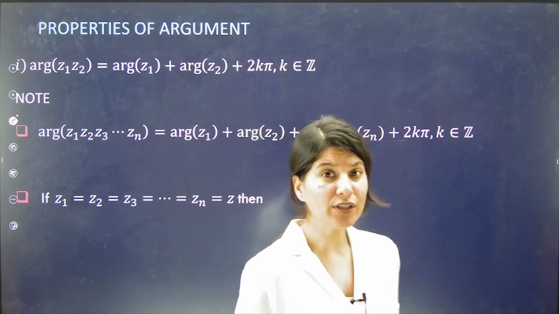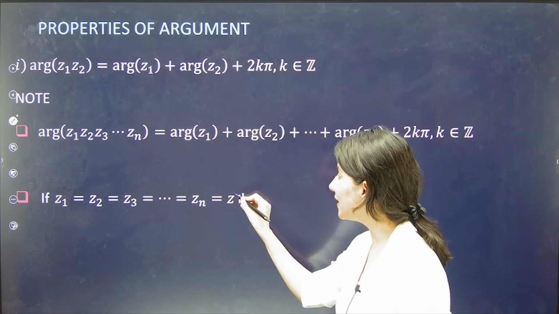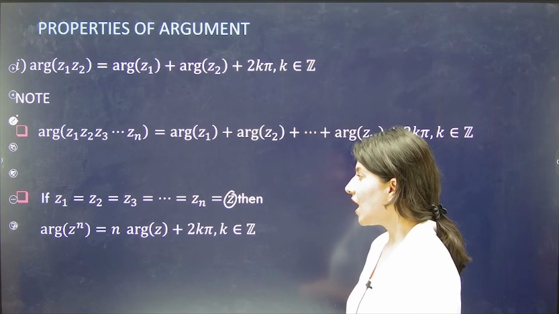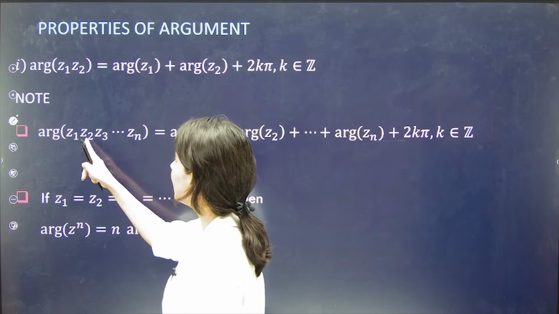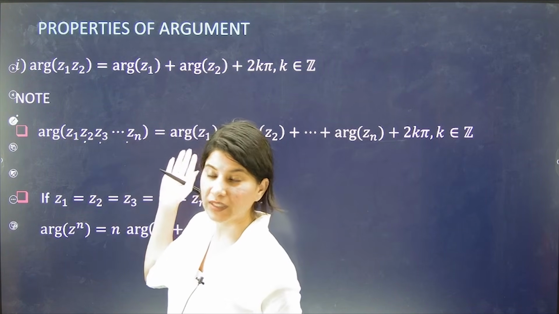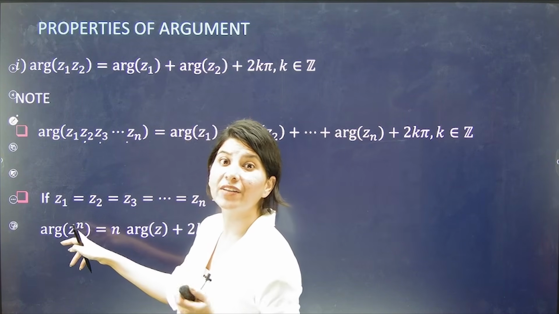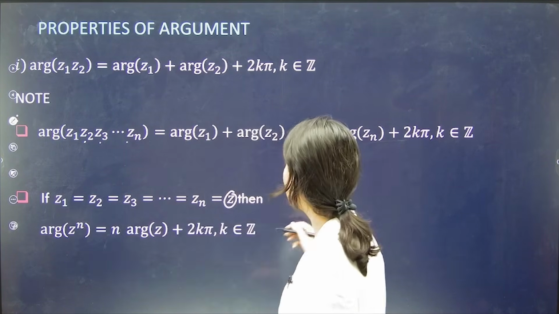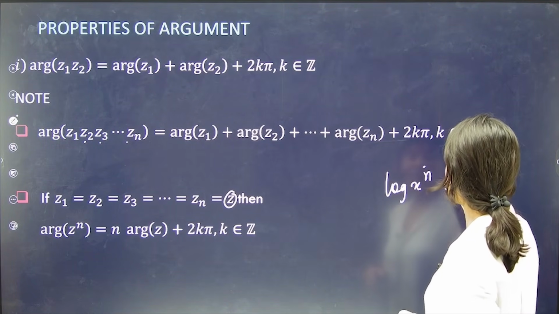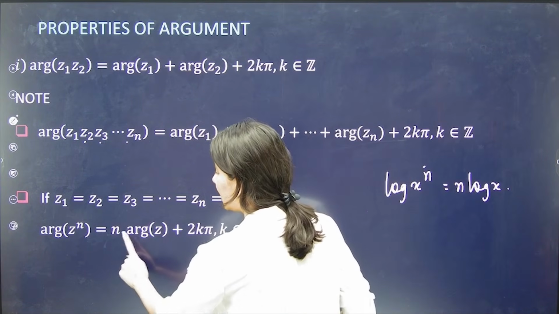Now, if all the complex numbers are equal to Z, everything becomes Z only, Z power n. Argument of Z power n: again the logarithm property, log x raised to power n is n log x. So argument of Z raised to power n is n times argument of Z.